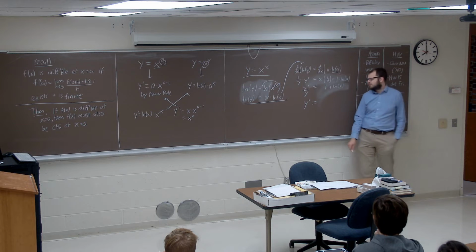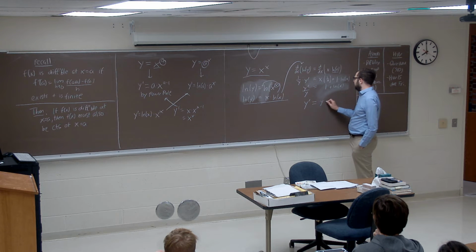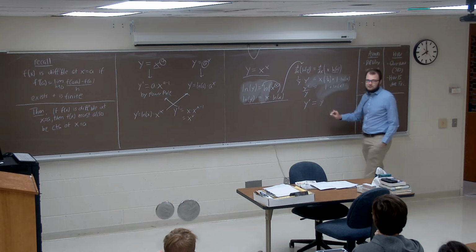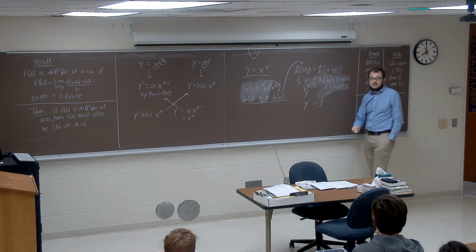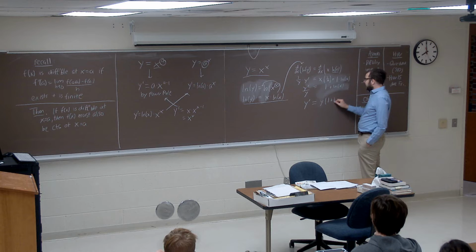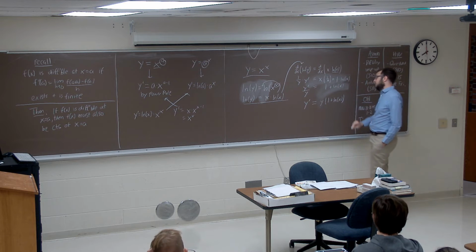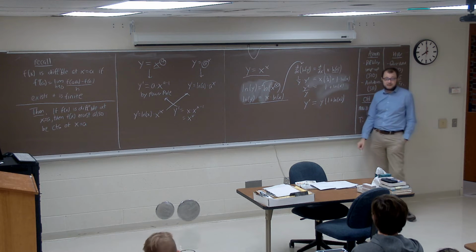John? Y plus y times the natural log of x. Yeah, or I'm just going to leave it in factored form. We'll get y times 1 plus natural log of x. Just multiply both sides by y.